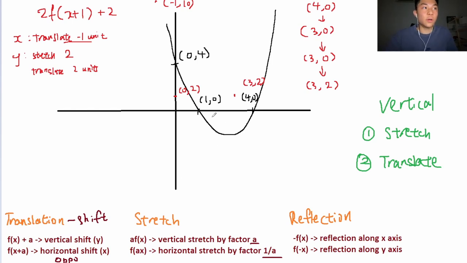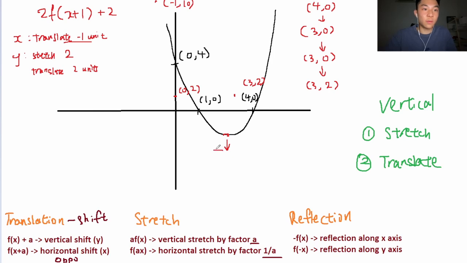And one thing I want you guys to take notice of before we draw the graph is that even though they didn't give us the coordinate for the minimum point, right? We know that since we're stretching the graph, what that means is that we're stretching the graph vertically. So that means our graph would be longer. So my y, right, it will go down. And remember, our x, we're translating 1 unit to the left.